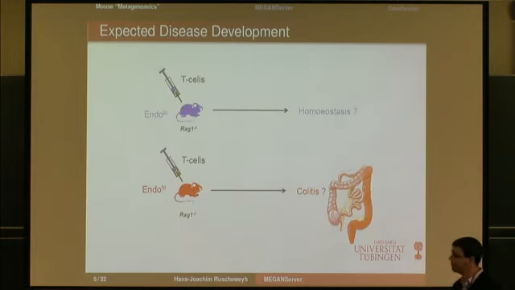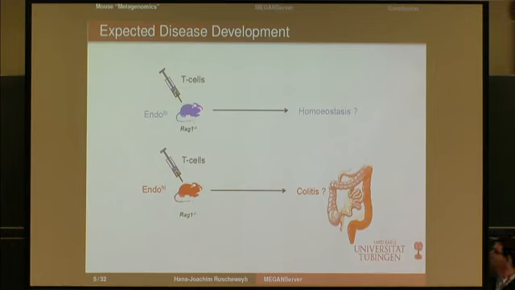So the project started, and Julia and Isabel already had the idea that if we take two genetically identical mice, in that case Rag1 minus mice, which means they cannot develop an adaptive immune system, and you have one type of gut microbiota and another type of gut microbiota, so a color distinguishes two identical mice but with two different gut microbiota.